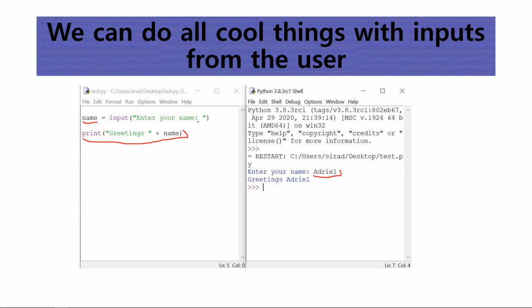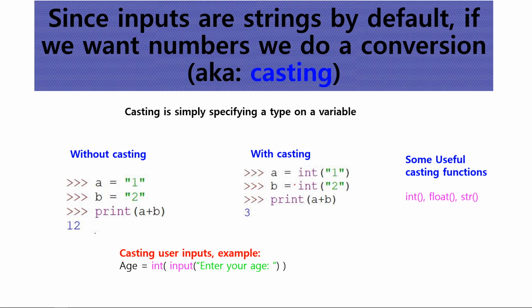So if I was to enter a different name, then I would have a different name here. So as you can see, this is a whole new approach of working with our programs because now they are usable to the users. We are not hard coding the value of a name. Instead, we are asking a user to enter it and it will respond based on the input they put in.